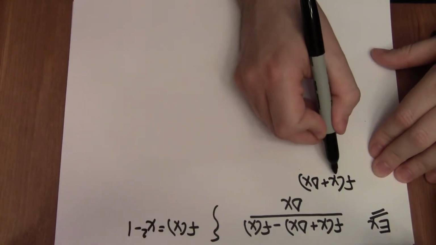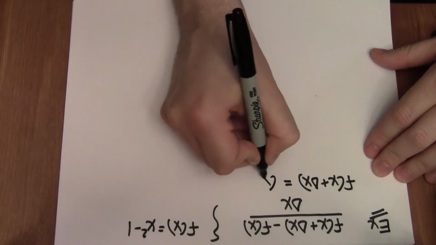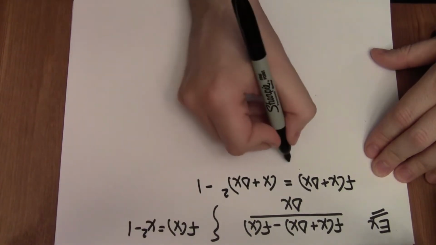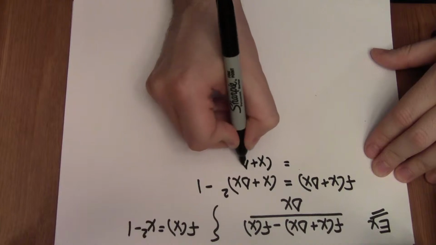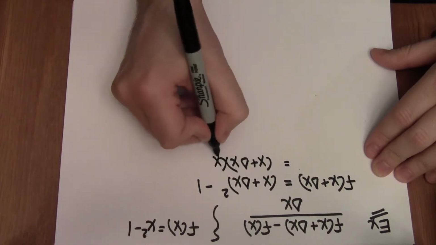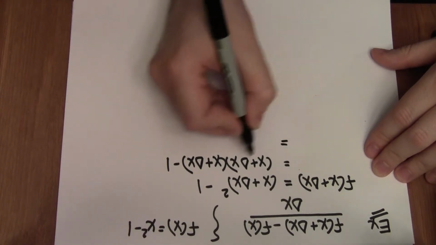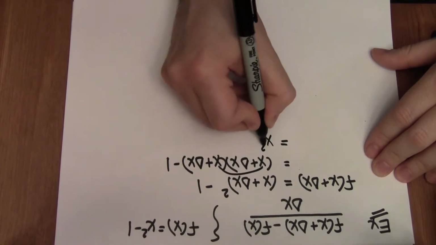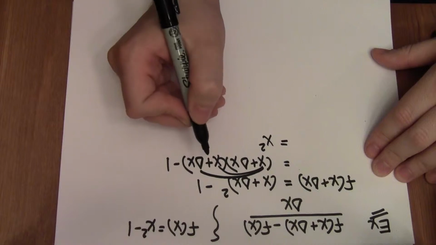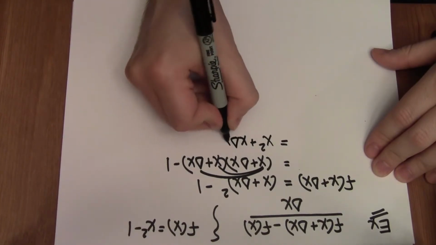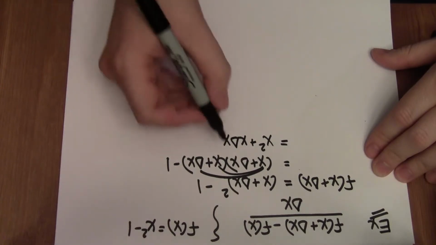So if I want to find f of x plus delta x, I'm going to get x plus delta x in parentheses squared minus 1. Write it out twice, so x plus delta x times x plus delta x minus 1, and multiply. X times x will give you x squared. X times delta x is just going to give us x times delta x, or x delta x.